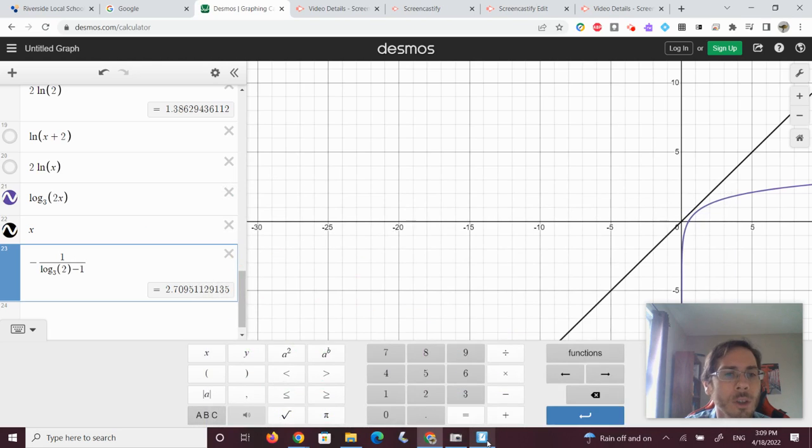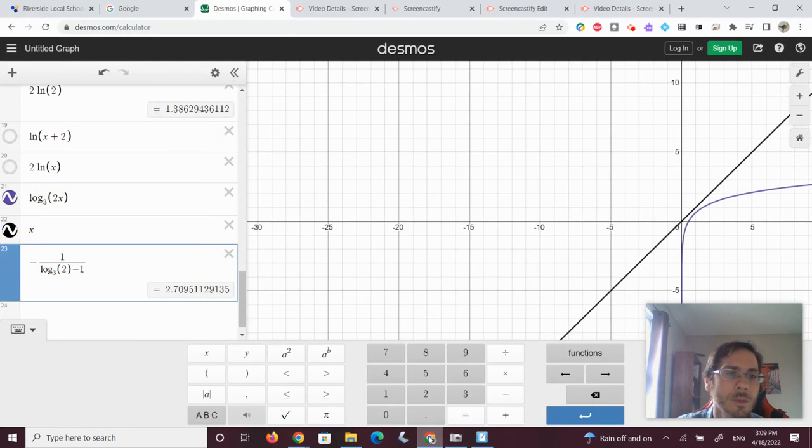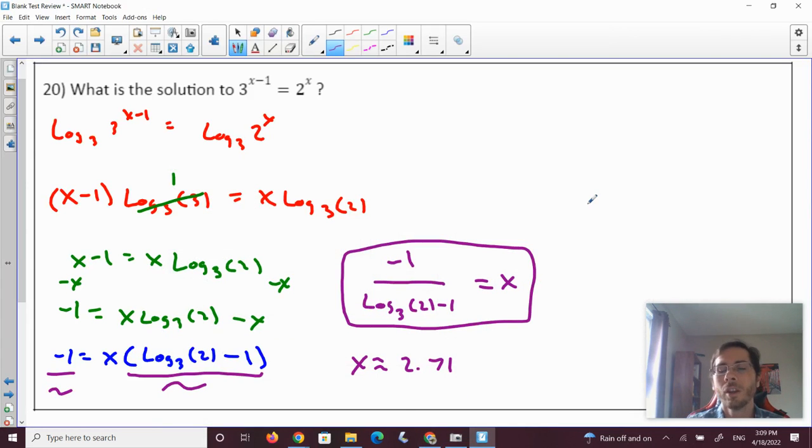So this is about 2.7095. I think I messed that up. Let's just do 2.71. 2.71 is a fun number. So it's about 2.71. All right. Seems pretty reasonable. Looks like we got it.